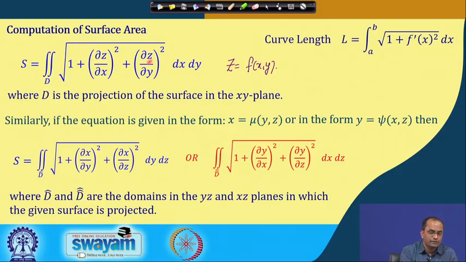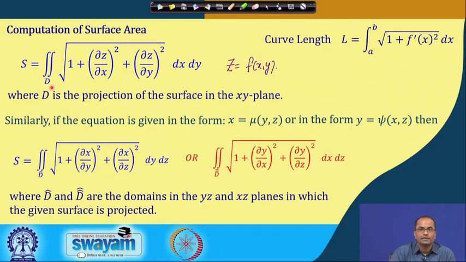Remember, when we computed the volume under that surface over the xy plane, instead of this integrand we had the function f(x, y), and if you want to compute the area of the domain of integration, the area of D, we will just set the integrand as 1.